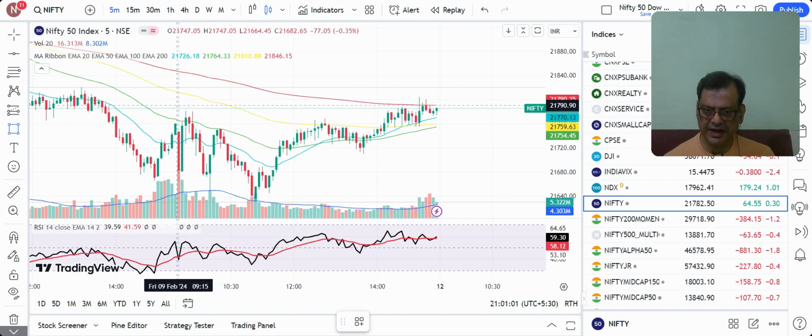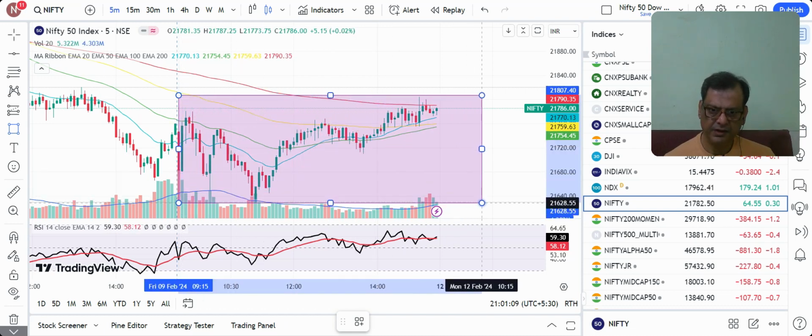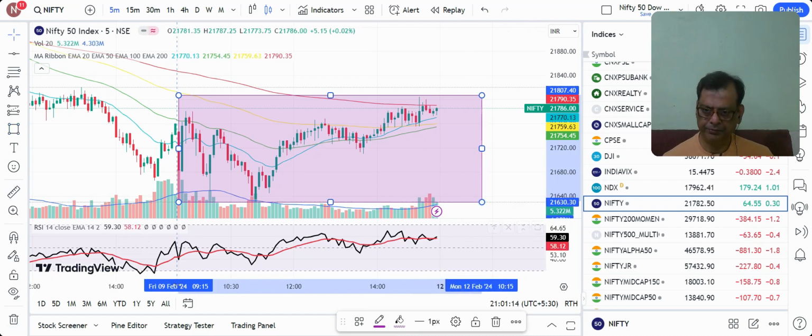So this is the ninth. These are the ninth trades. This is Nifty on the ninth of Feb. This is the first candle. So what is Nifty doing? And these are 5-minute candles, please keep in mind.